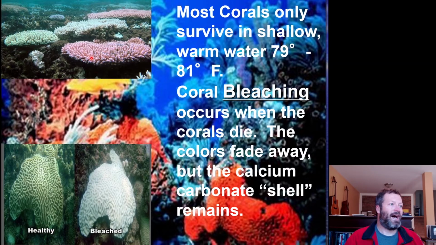But when they die, they turn white like this one here. And so this coral has died and it's not going to come back. So it's one of these things that takes thousands of years to build up and can adapt on a geologic time scale, but human caused influences occur on a much faster time scale, and the coral just can't adapt, and so they die.